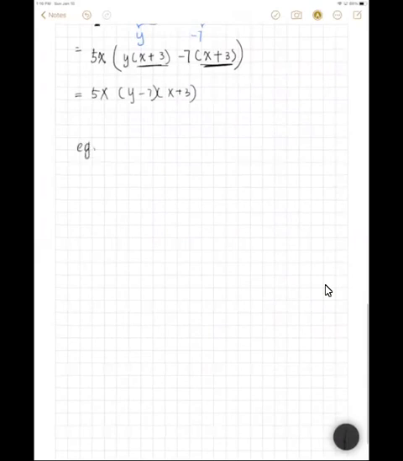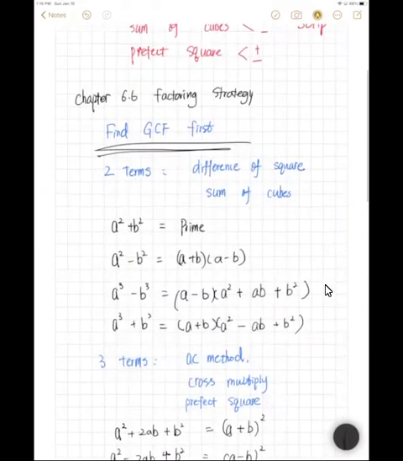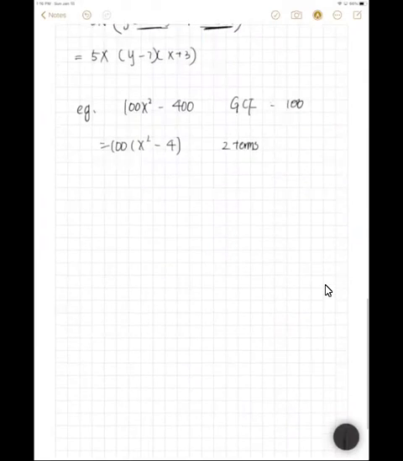Now, what if I have 100x squared minus 400? We want to find the greatest common factor first, which is 100. I factor 100 out, I have x squared minus 4, 2 terms. In 2 terms, how many methods do we have? Difference of squares and the sum of cubes. Well, this is obviously a square because you already see the square, the second power of x, and 4 is a perfect square.